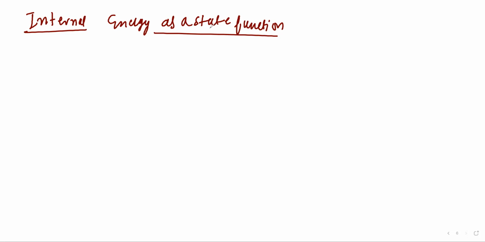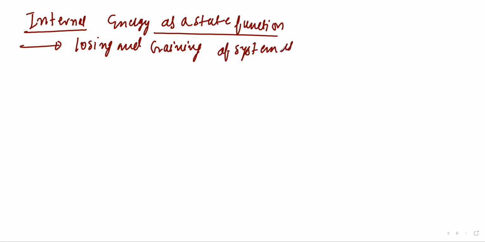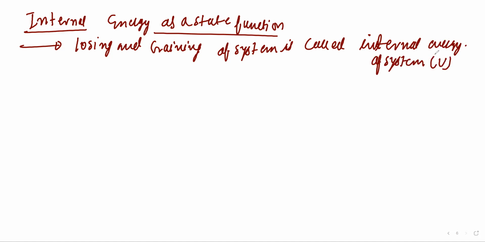In thermodynamics, we call it the internal energy of the system. So losing and gaining of energy by the system is called internal energy. It is represented by U later.